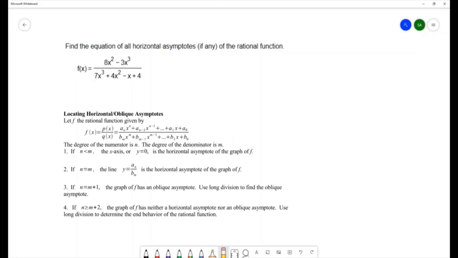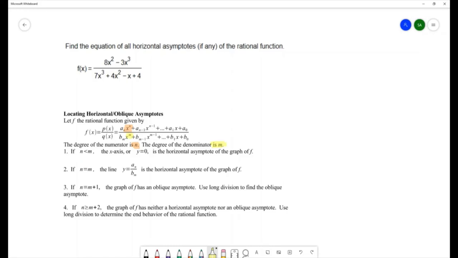Now, the degree of the numerator is the highest power on x, and that's what we see here. It's listed as n. That's the degree of the numerator. It's the highest power on x from the numerator. And then it's also based on m, which is the highest power on x from the denominator. That's the degree of the denominator.